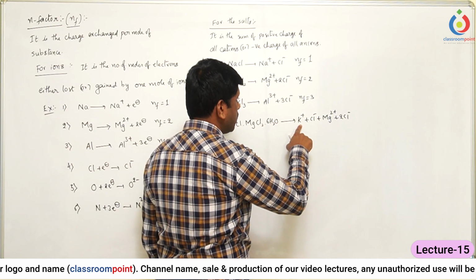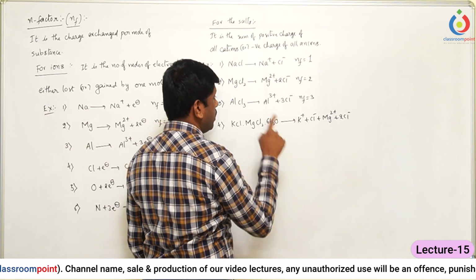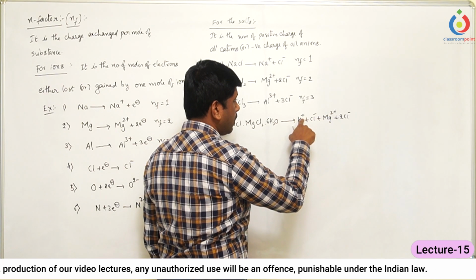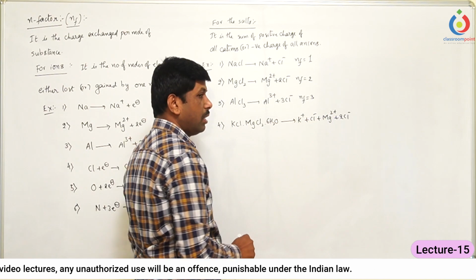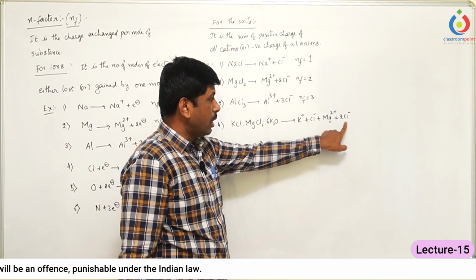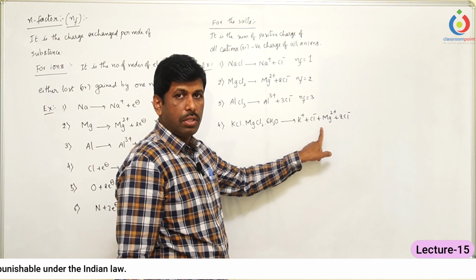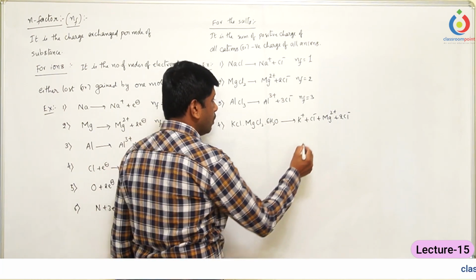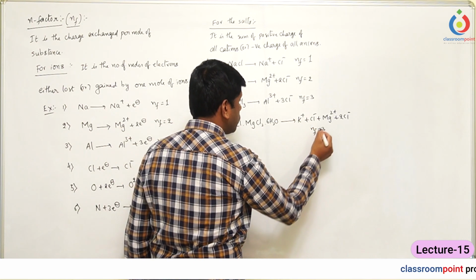So here you have to consider the sum of the positive charges. How many positive charges are there? 1 positive charge for the K+ ion and 2 positive charges for magnesium, together it is 3. Or else if you take the chlorines, there are 3 chlorides, each with -1 charge, so the total value is also 3. So in this case, the N factor is equal to 3.